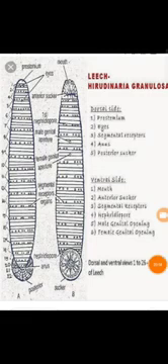This is Hirudinaria granulosa. In this topic we discussed the morphology of Hirudinaria: how many segments there are, the clitellum, the mouth and anus, the nephridiopores, and the male and female genital apertures. The body consists of five regions: cephalic region, preclitellar region, clitellar region, middle region, caudal region, and the posterior sucker region.